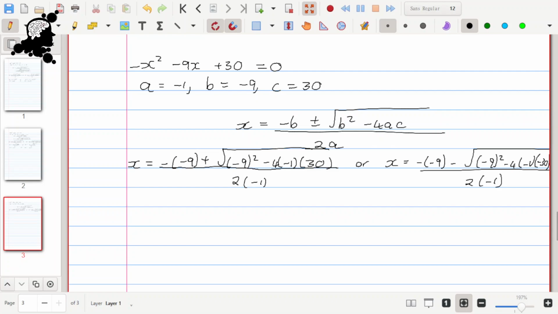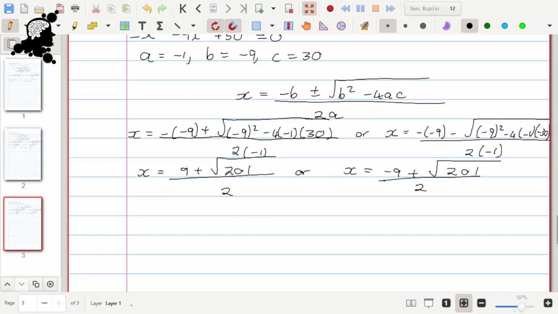Right, if you type each of these into the calculator, for the first side you will get x is equal to 9 plus the square root of 201, all over 2, or x is equal to negative 9 plus the square root of 201 over 2. This is if your question asks you to leave the answer in simple surd form.